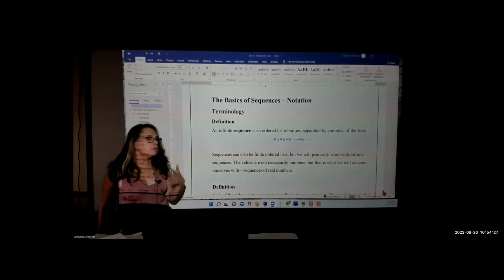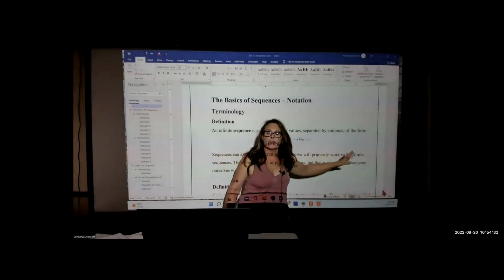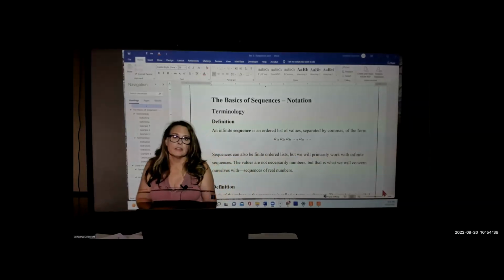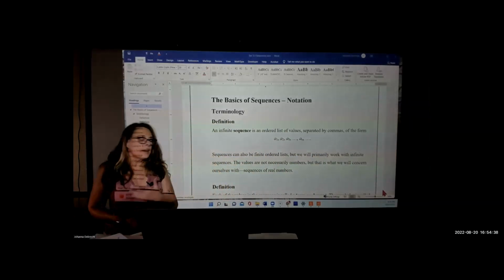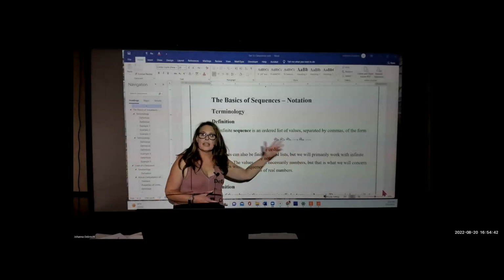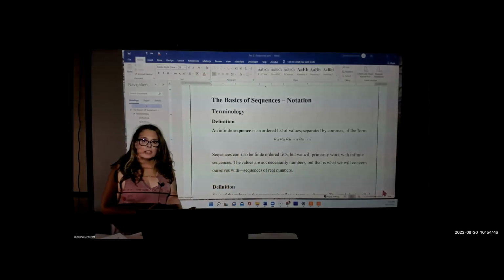And we want to examine what happens to the sequence as it goes forever and ever. Is there a pattern? Can we predict what the next one in the list is going to be? Can we predict some value that the sequence approaches as n approaches infinity? This is basically what we want to study with a sequence.